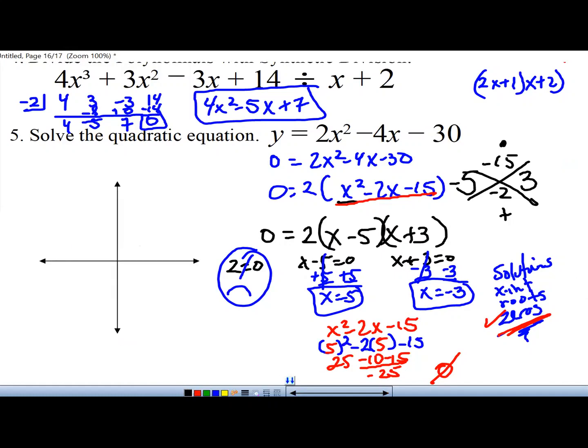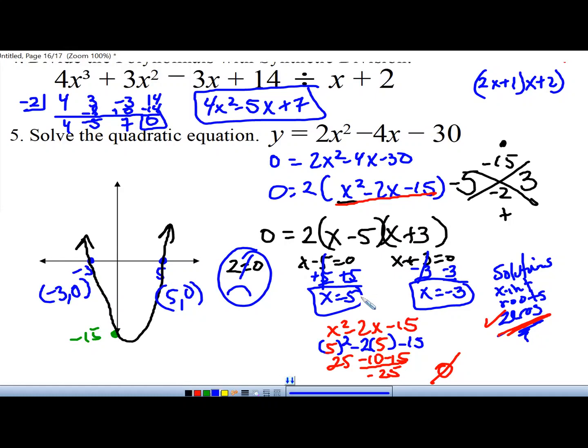And let's say that parabola had the x-intercepts of negative 3 and 5, and the y-intercept at negative 15. So that parabola is going to look something like this. Okay. The x-intercepts, if I was to ask you for the coordinates, would be what? Negative 3, 0. And this one would be what? 5, 0. That's the other reason why they're called zeros.